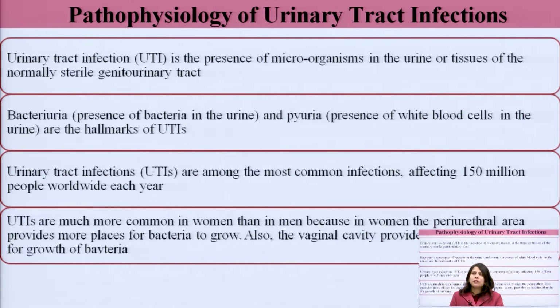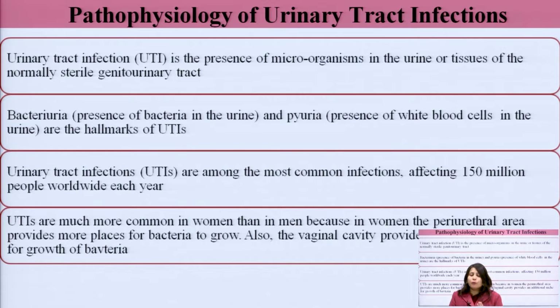Lifestyle also plays a role: people are so engrossed in their work that they do not get time to drink sufficient water or take sufficient electrolytes, and they use public toilets, go to cinemas, malls and so on. So this generally occurs due to these reasons.